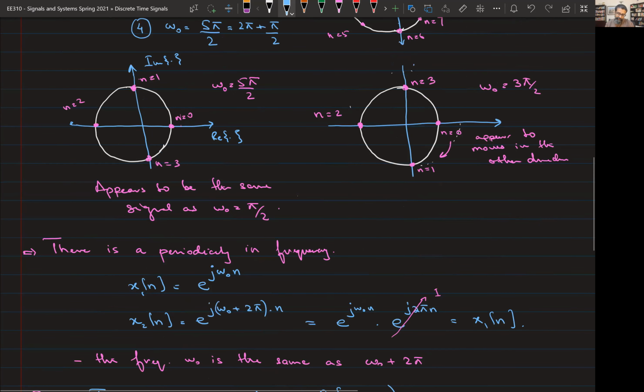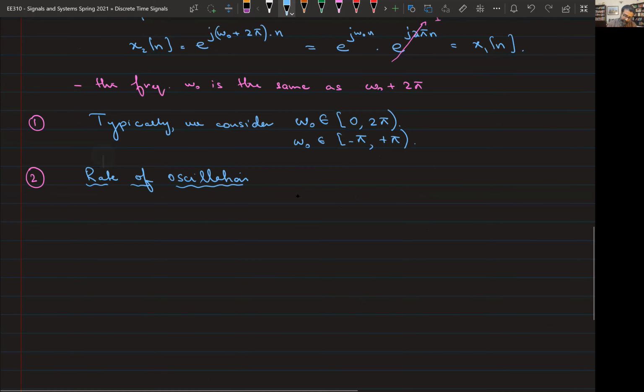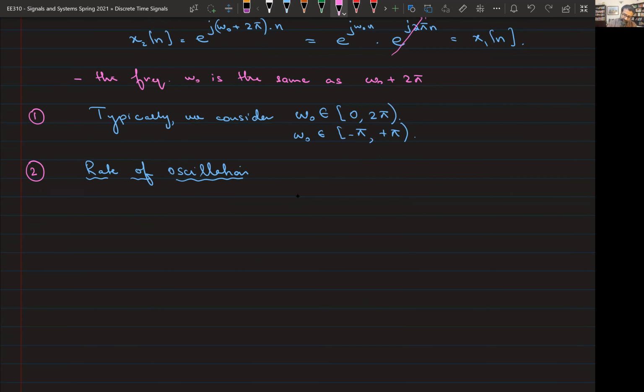If this is the omega naught frequency, this was 0 or 2 pi, this was pi by 2 and this was 3 pi by 2. What we found just by simple observation is that the rate of oscillation at both of these frequencies is exactly the same.